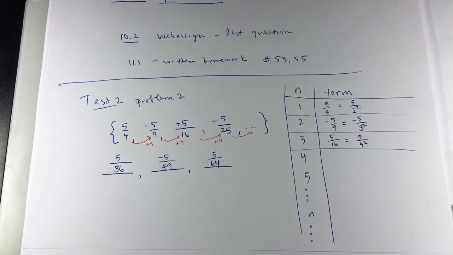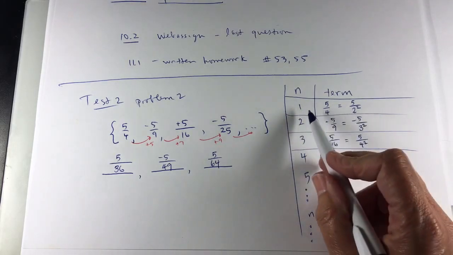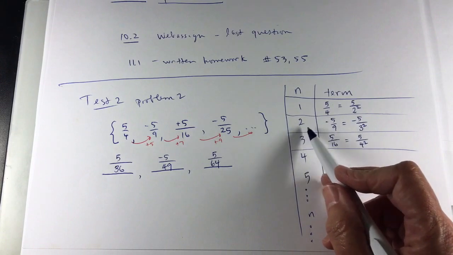You got 3 things going on here. You have the alternating sign with the negatives. Well, I'm saying 3 things. I guess it's really 2, because what's the numerator all the time? 5. So I don't have to worry about that. That's always 5. And the denominator is something squared. How does that something that you're squaring relate to the term number?